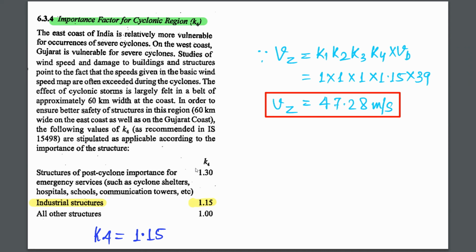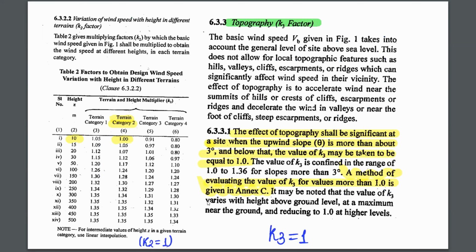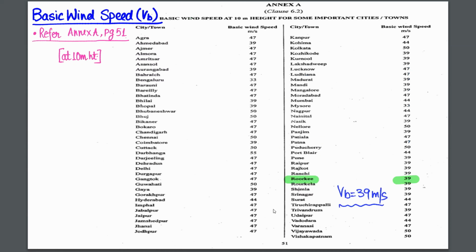Okay, or if the structure is lying outside of 60 kilometer, then for industrial structure we have to put 1.15, and if it is not an industrial structure or simple structure, then we have to take value of K4 as 1.00. Okay, so in my case, since it is industrial structure, so I am taking it as K4 is equals to 1.15. So now we have got all along the way K1, K2, and K3, K4 values.